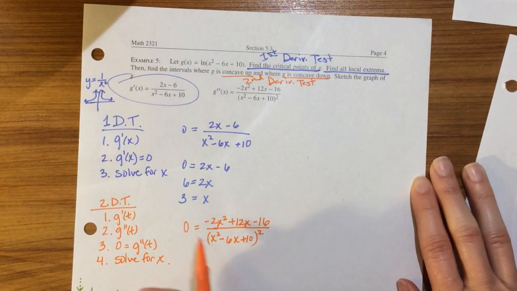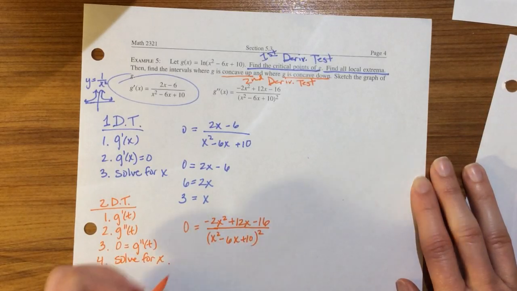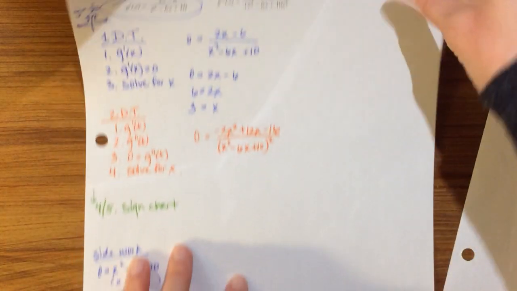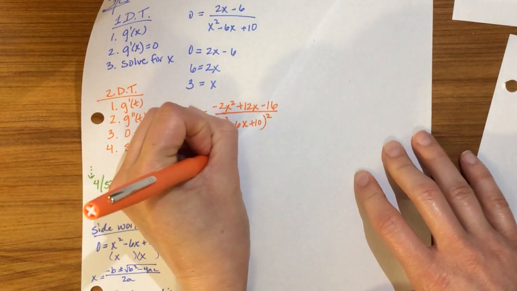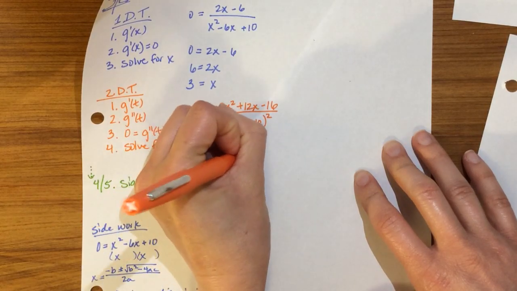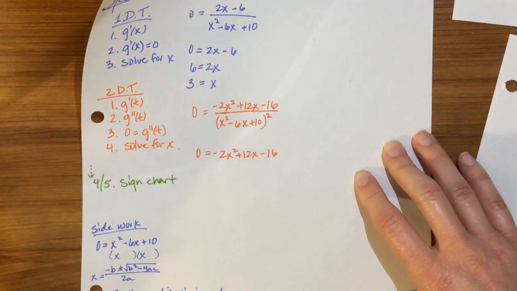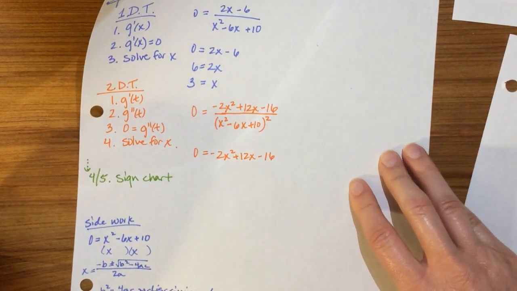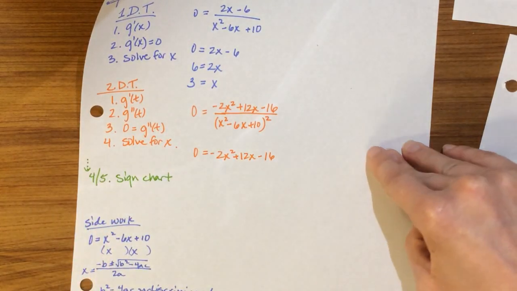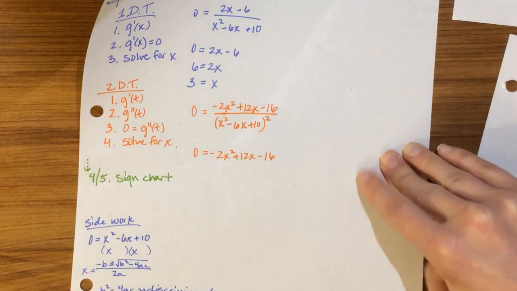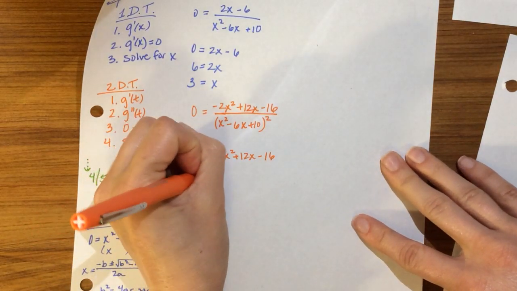Okay, so again, we can multiply it over to the left, 0 it out, so that we now just have 0 equals negative 2x squared plus 12x minus 16. So now, what do negative 2, 12, and negative 16 all have in common? Perfect, a negative 2, so I'm going to factor that out.